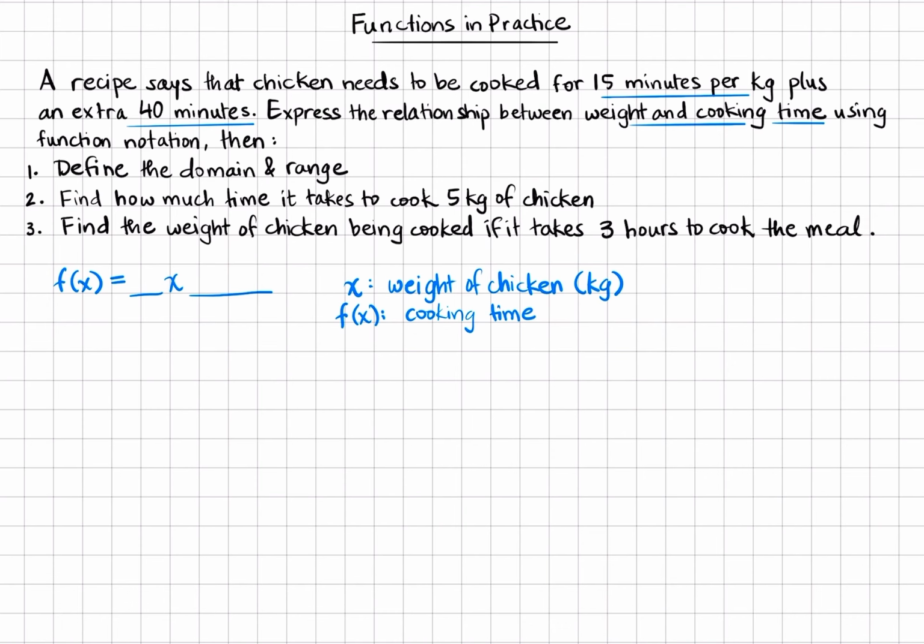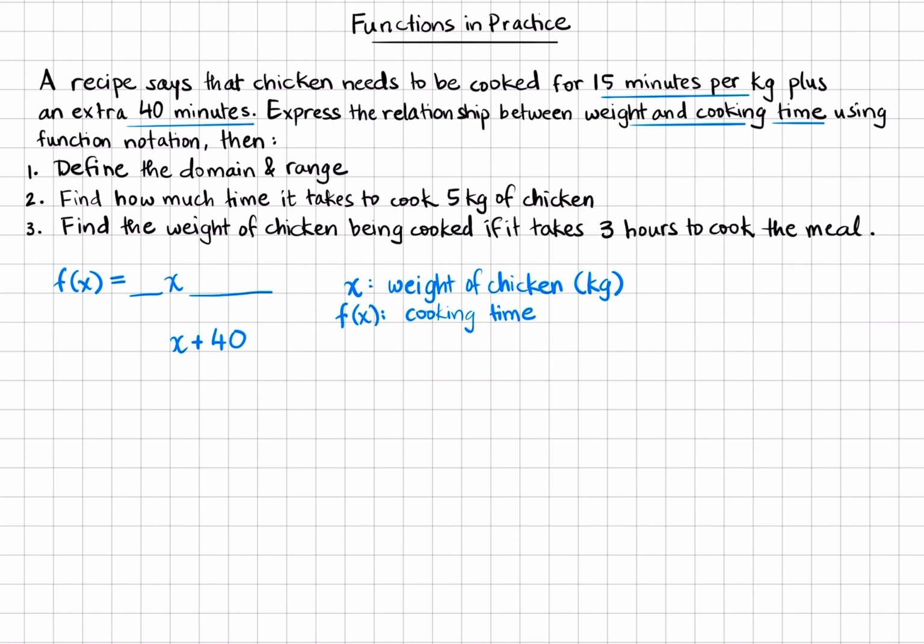Now, I'm always adding 40 minutes, correct? So I'll write this down here: it's always something plus 40. Now for the weight of the chicken, if it's 1 kilogram, I'm doing 1 multiplied by 15 minutes to get 15 minutes.